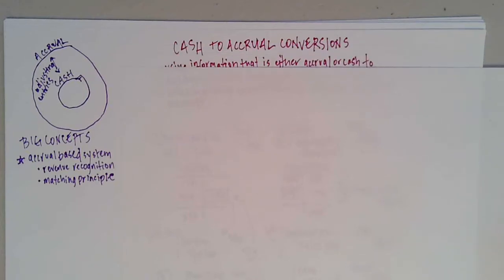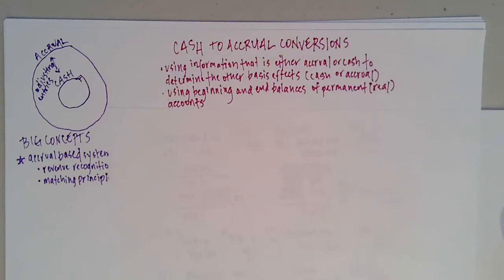So when we're doing these cash to accrual conversions, like I said, that name, that's what they've always been called, as long as I can remember, back when I was a student taking intro and intermediate. But they're not really converting, because we're not converting from a total cash-based system to a total accrual-based system.